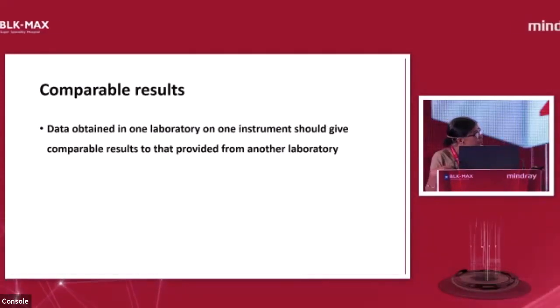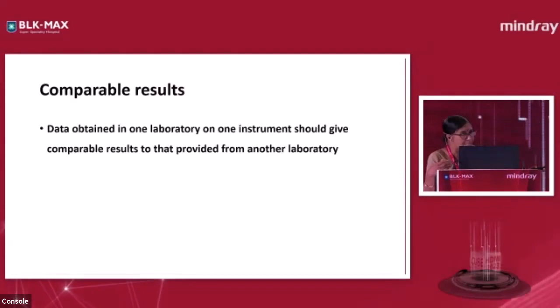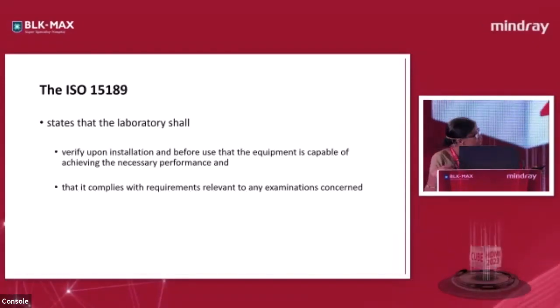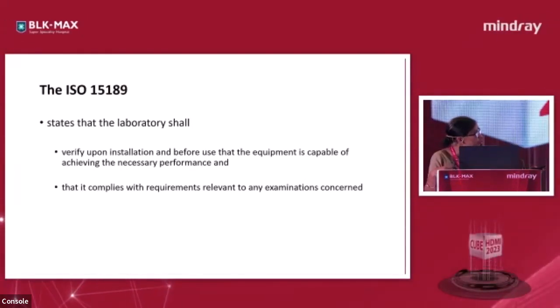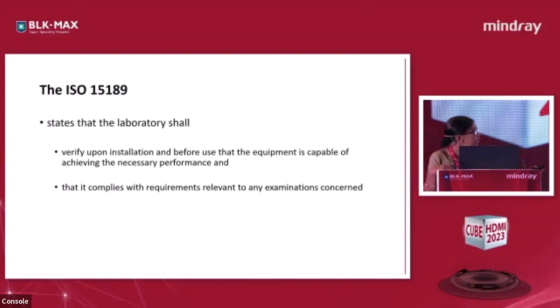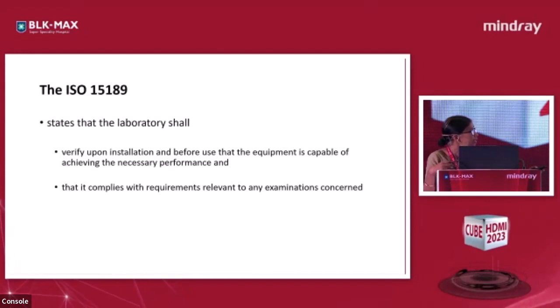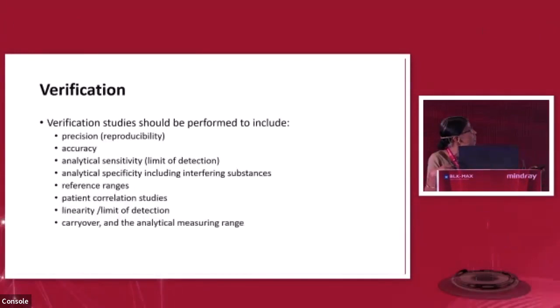The data obtained in one laboratory on one instrument should give comparable results to that provided in another laboratory. This is very important. So the ISO 15189 states that the laboratory shall verify upon installation and before use that the equipment is capable of achieving the necessary performance and that it complies with the requirements relevant to any examination concerned.